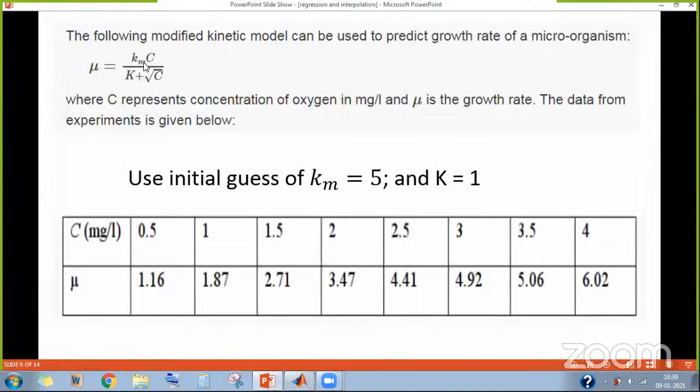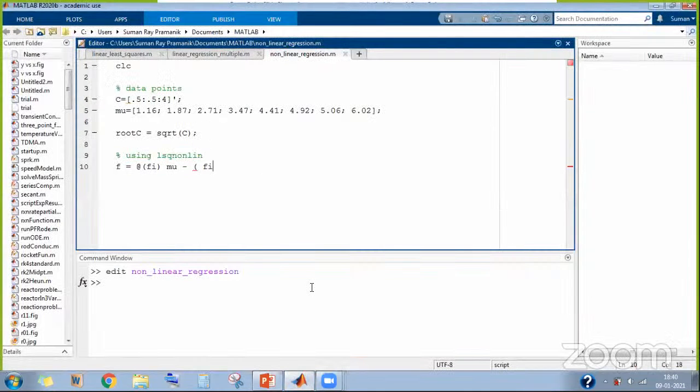We are taking km as the first element of the phi matrix, and K as the second element. So we will write phi of 1 times capital C. We will have to use a dot over here because this will be an element-wise matrix operation, and then a dot divided by phi of 2, that is capital K, plus square root of C, which we have already created as root C.